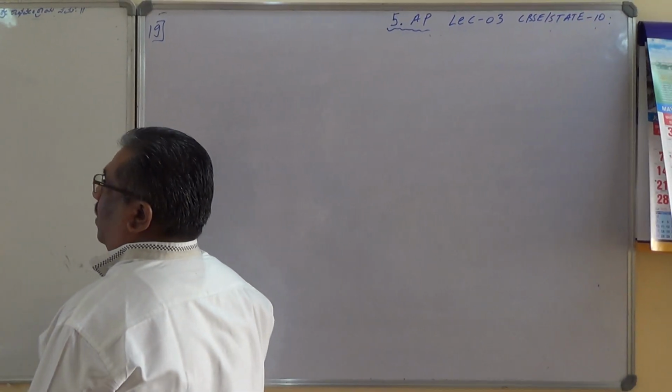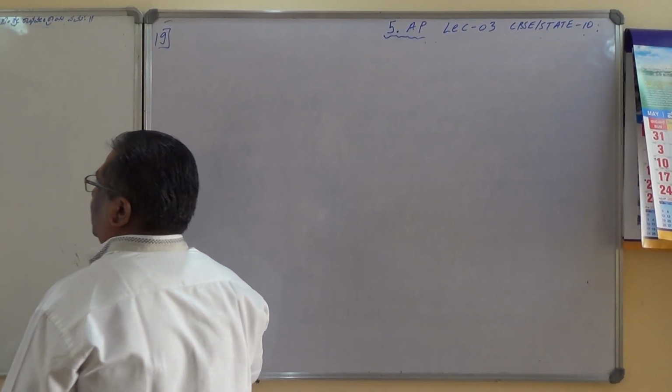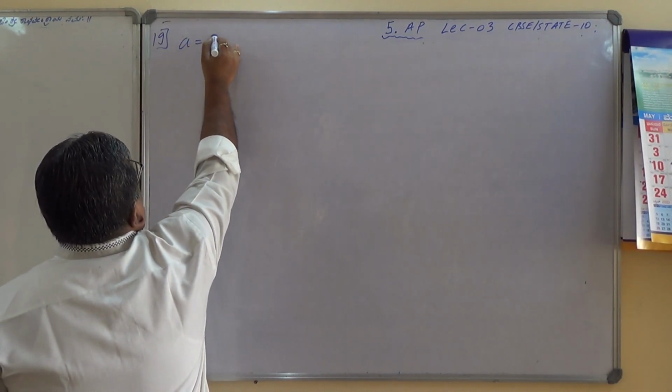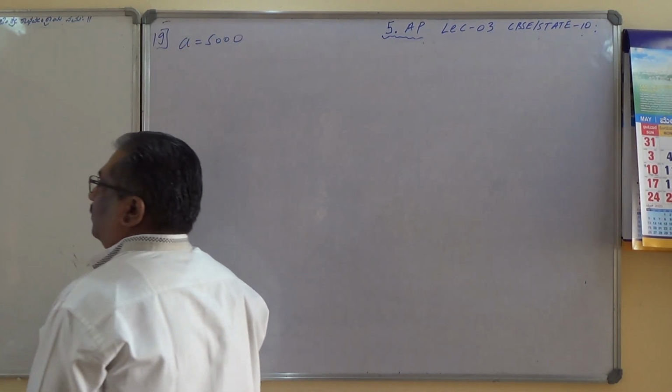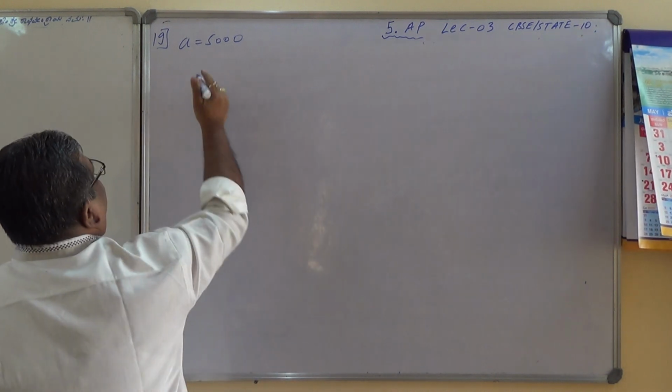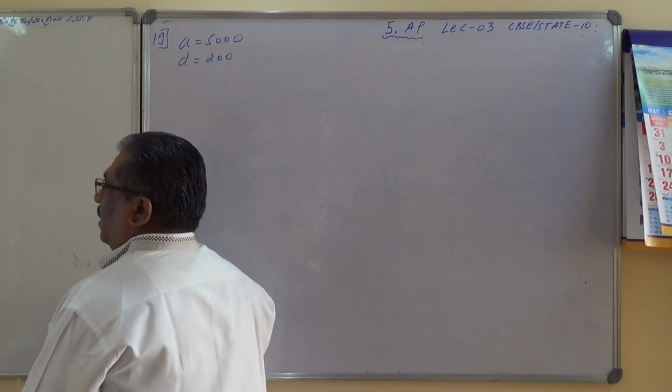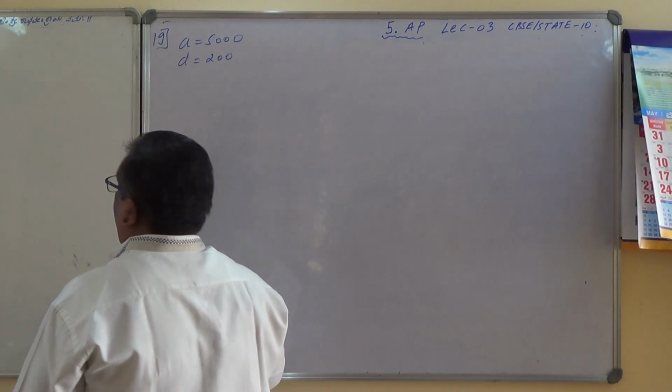19th: Subbarao started work in 1995 at an annual salary of rupees 5,000. So A equals 5,000 and received an increment of rupees 200 each year. Common difference is rupees 200. In which year did his income become 7,000?